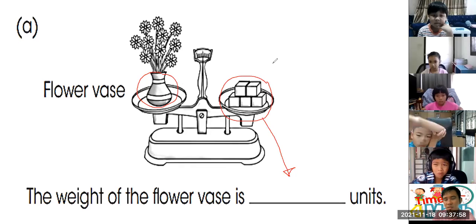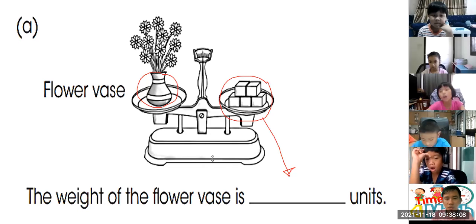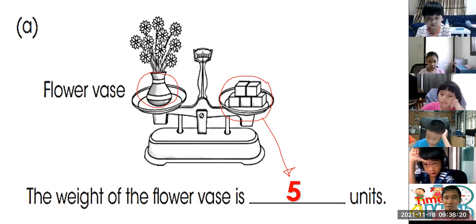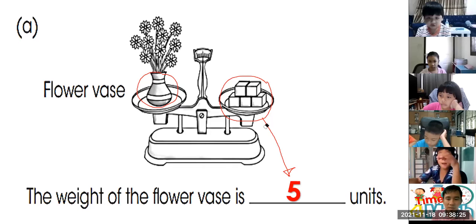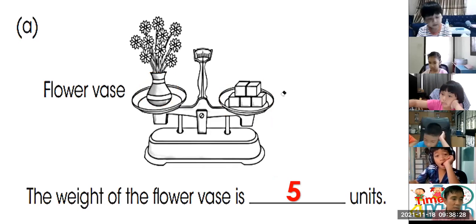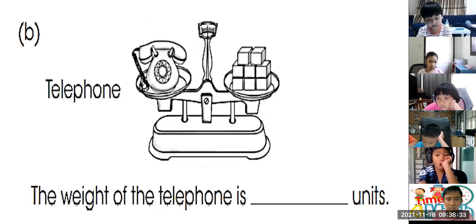The weight of the flower vase is equal to 5 units. So we write here number 5. Now letter B. It's about the telephone.